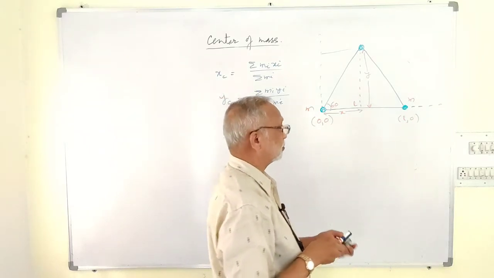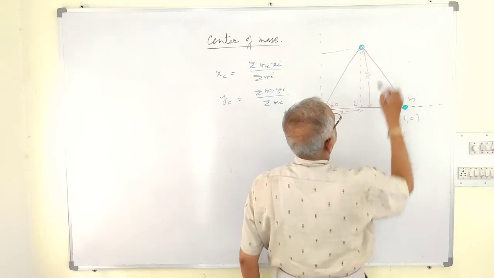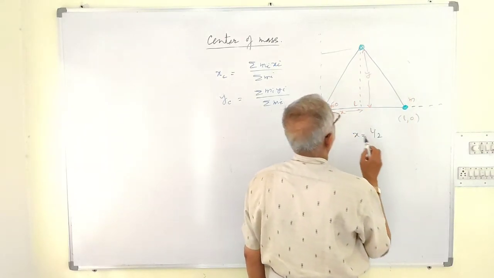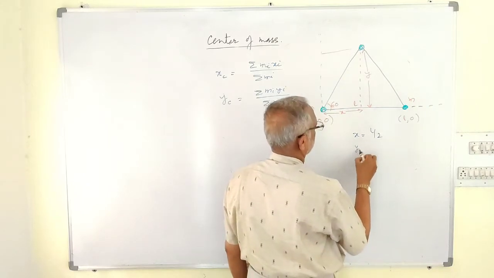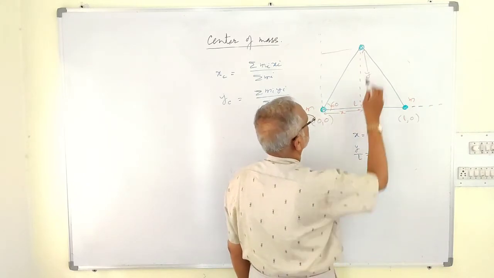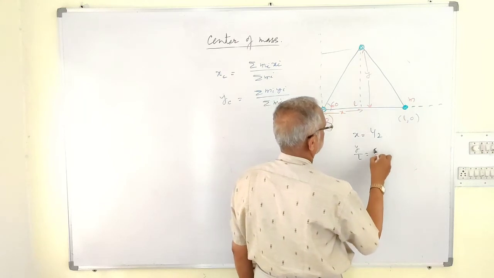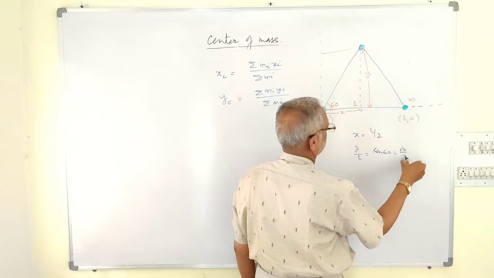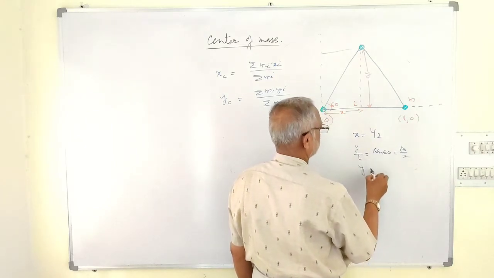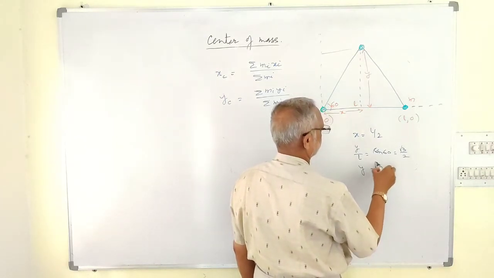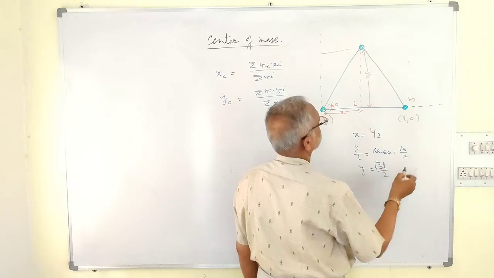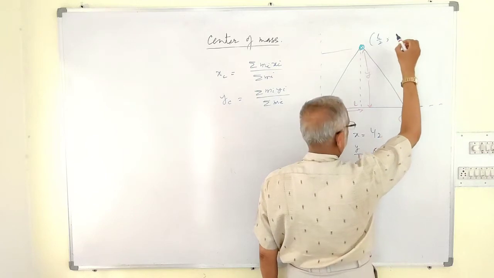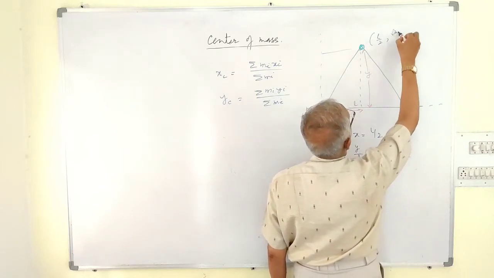So here x is equal to L by 2. What about y? y by L is equal to sin 60, that is root 3 by 2. So y is equal to root 3 L by 2. So the coordinates of the third body are L by 2 comma root 3 L by 2.